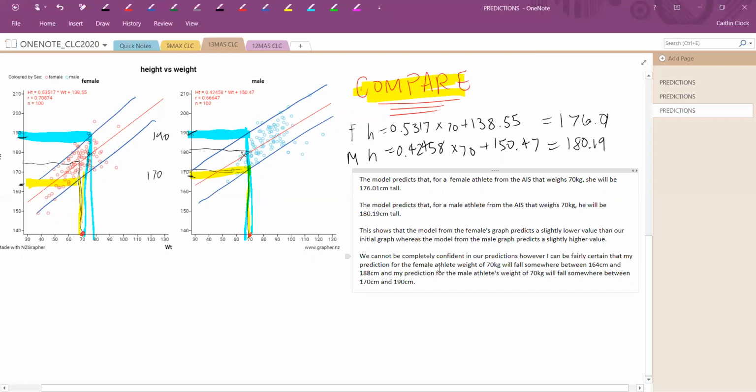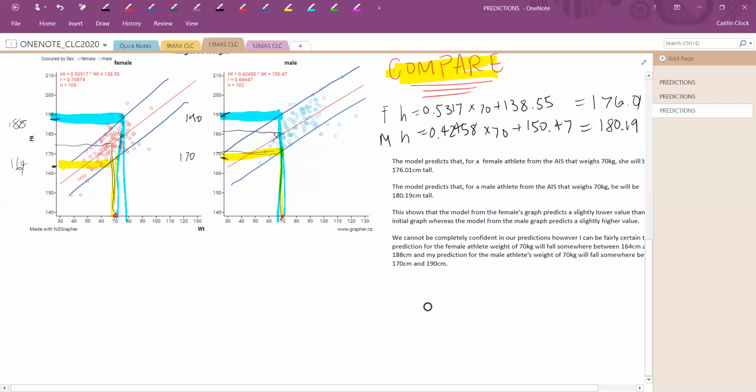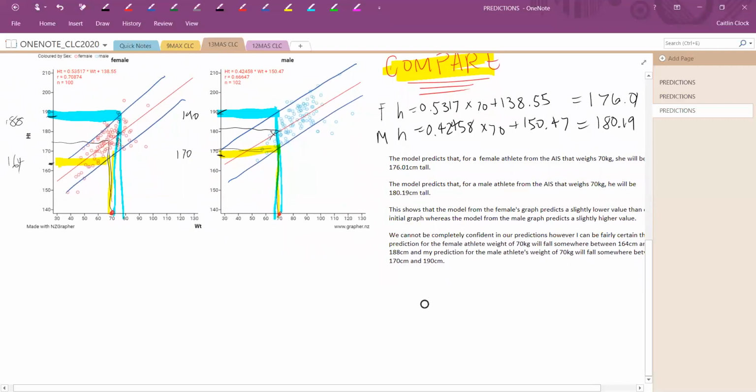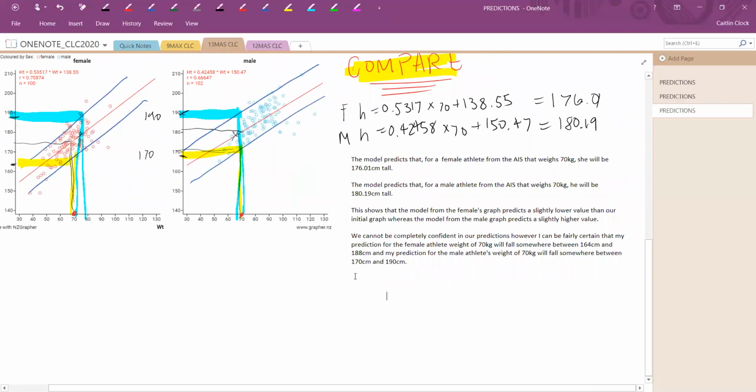Okay? Now, that becomes really important as well because look, I've got so much to compare again. Now, if you look at those two intervals, one is larger than the other. Okay, it's not a huge amount larger, but it is larger. So again, now we can talk about that.